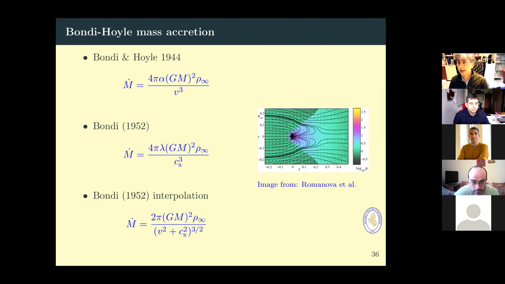Now, if there is accreting material onto the newborn neutron star, and the neutron star is moving in this medium, the amount of matter that will be accreted onto the neutron star will be affected by the velocity of the neutron star. If the velocity is large, the mass accretion rate will be smaller.